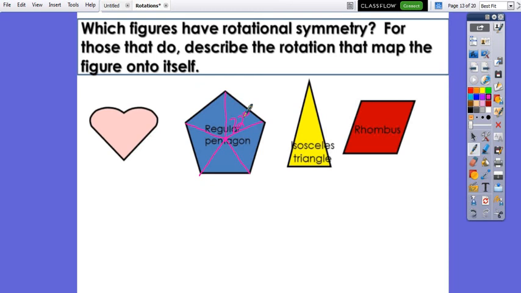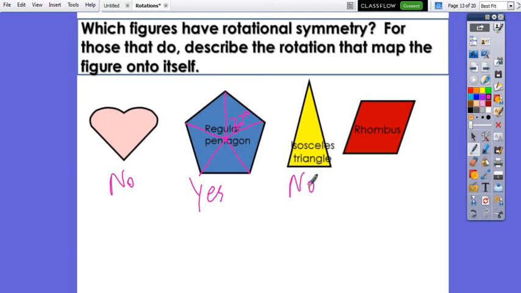All right, does this isosceles triangle have rotational symmetry? So this did not. This does. No, this does not. Does this rhombus have rotational symmetry? Yes. What is the rotational symmetry that it has? What degree?